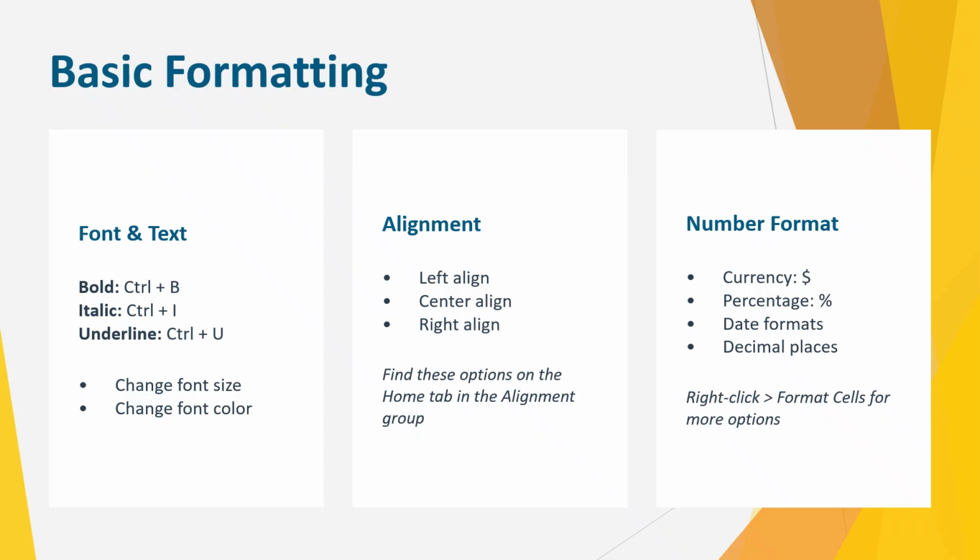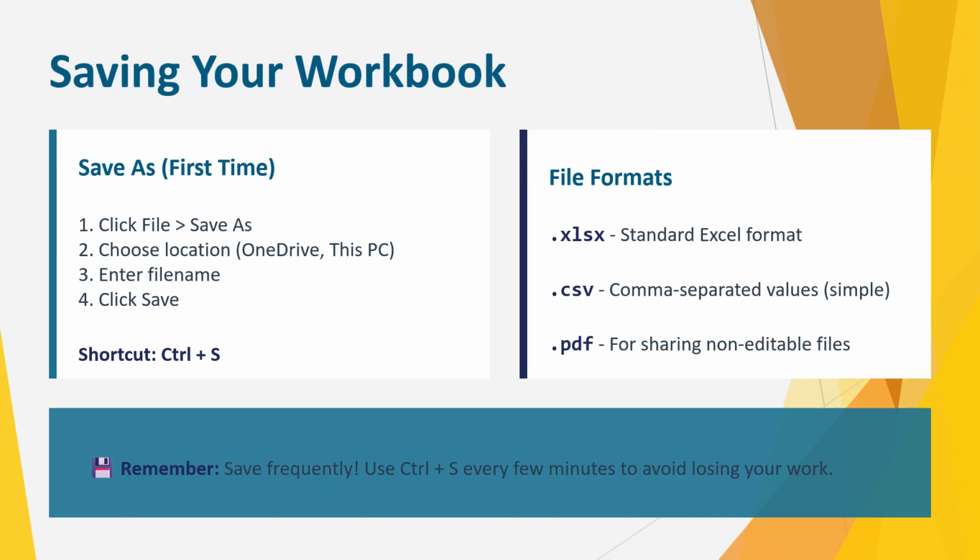For example, when you see a currency symbol in Excel, if you add it to formatting, it means a different thing. If you add percentage, it means a different thing. All these things, we will introduce as we go.